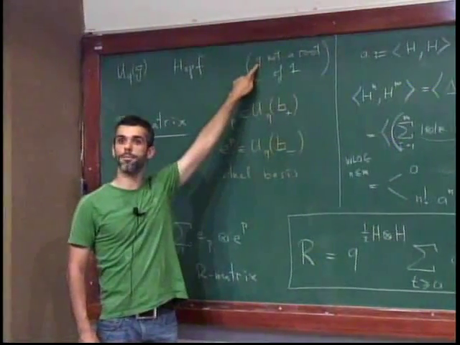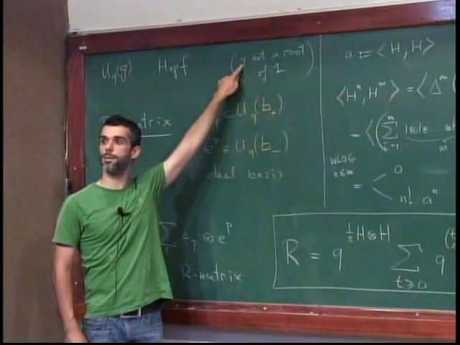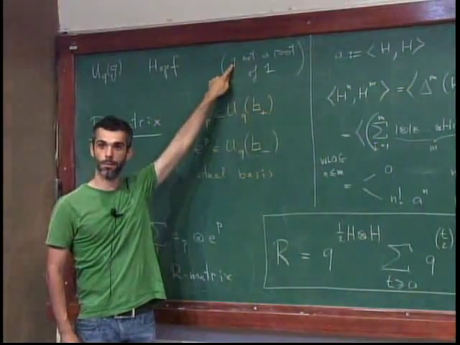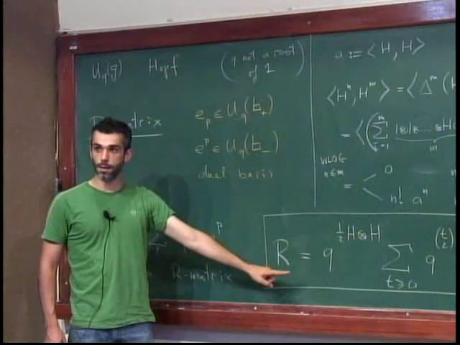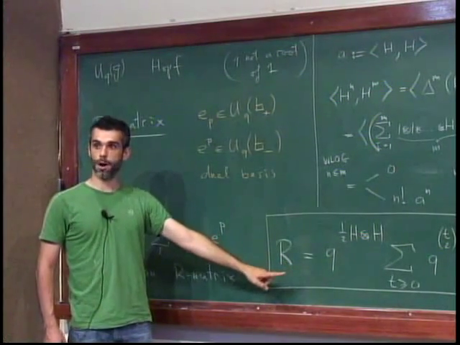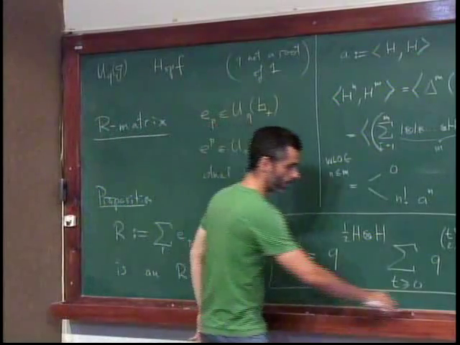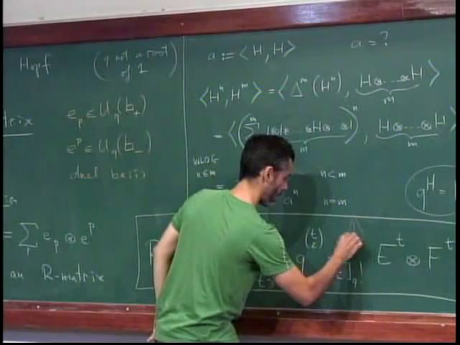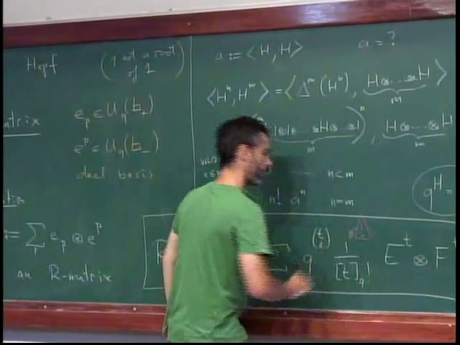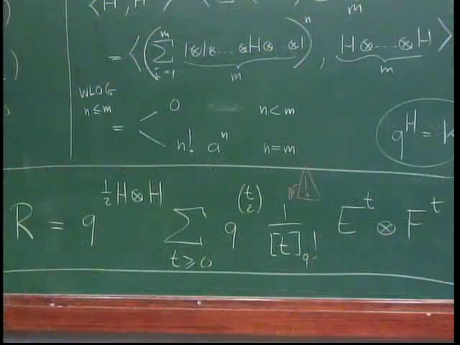Our goal was to do something where Q eventually is allowed to become a root of unity. And let's look at this formula. That formula has a very big problem. And the problem is that it involves dividing by a factorial.